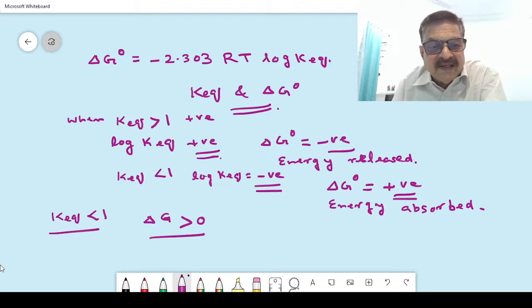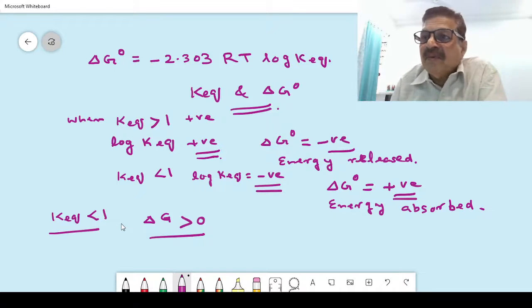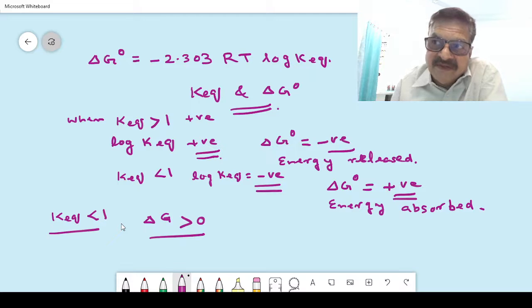A simple way to write it: KEQ is less than 1, log KEQ is negative, delta G is positive, meaning greater than 0. Delta G greater than 0 means more stable reactants, so the reaction favors the starting materials.